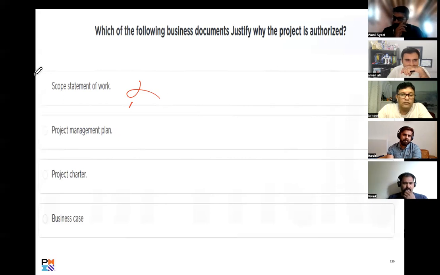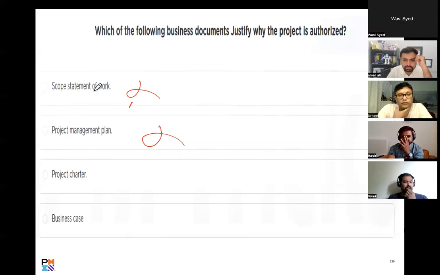So that can also be removed. The second one can be removed, that's not the answer. Either it should be C or D, project charter or the business case. The project charter has all the business need, the timeline, the sponsor, and all those things, right?